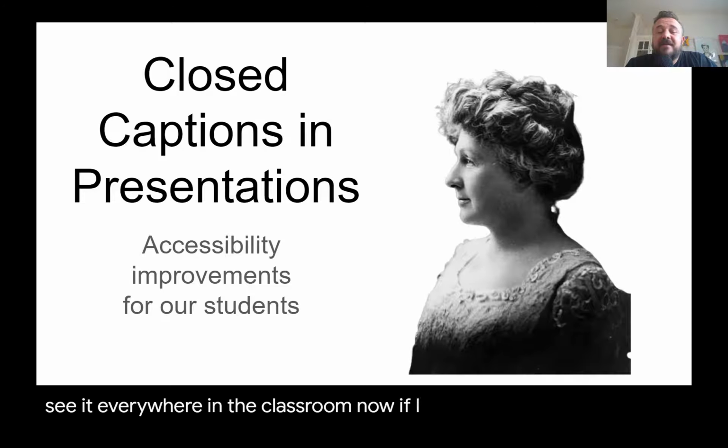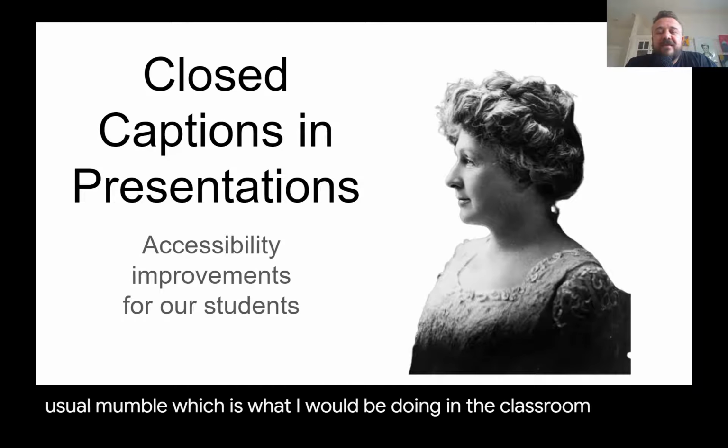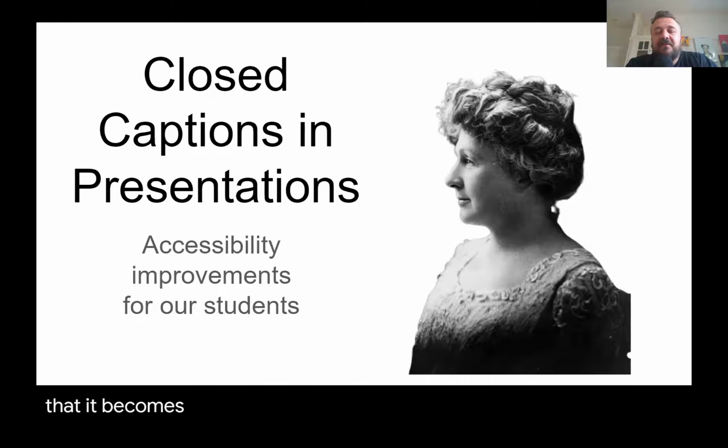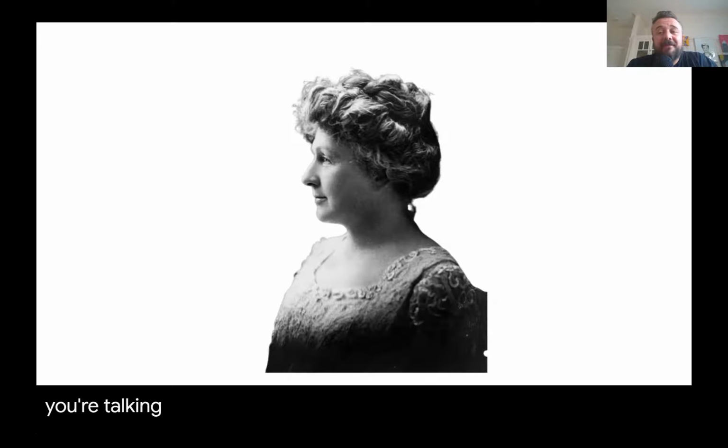Now, if I speak clearly and not my usual mumble, which is what I would be doing in the classroom, we see that it becomes much, much clearer. Now, it's not perfect, but it does have an advantage over people not being able to understand what it is that you're talking about. So by turning this on, we have a live feed of closed captions based on what we're saying.